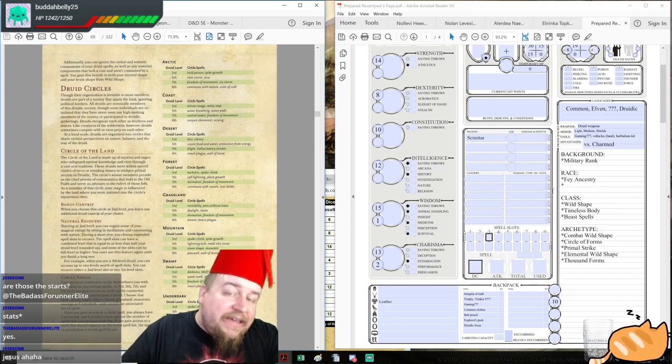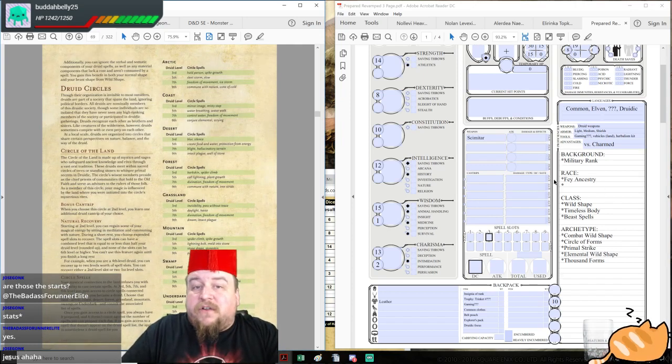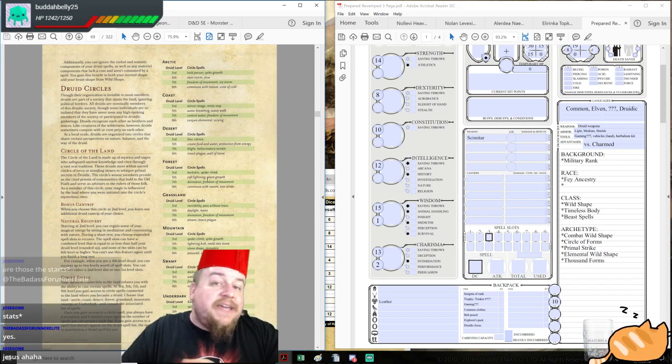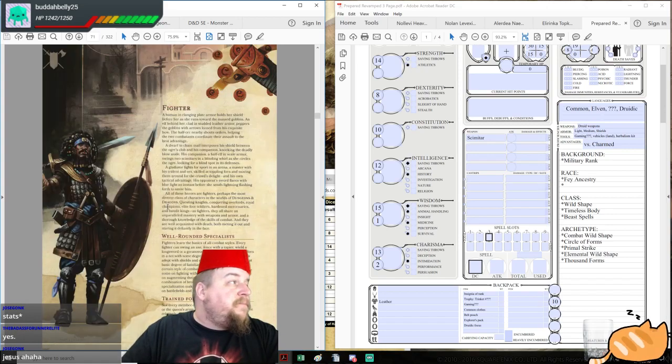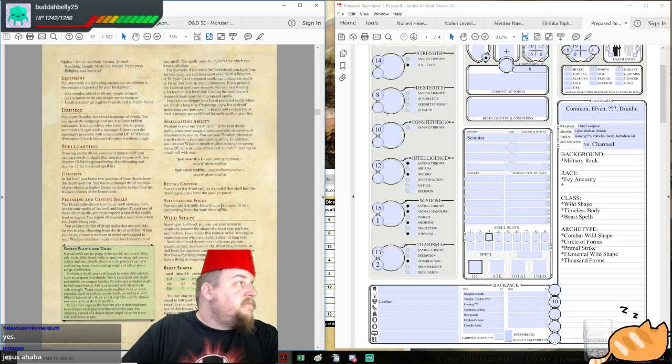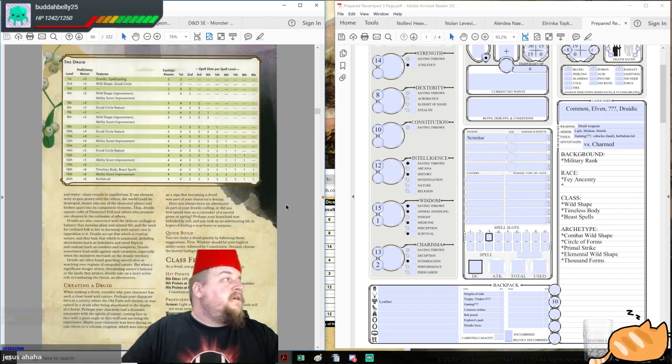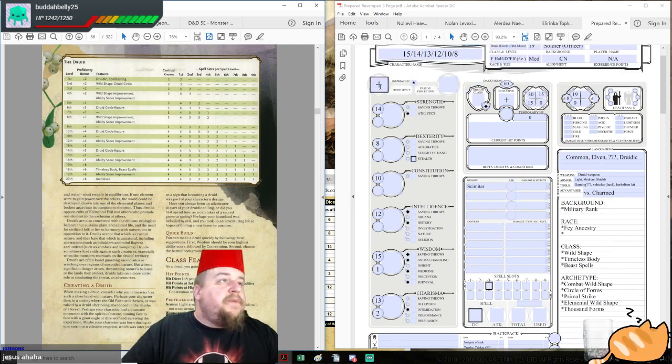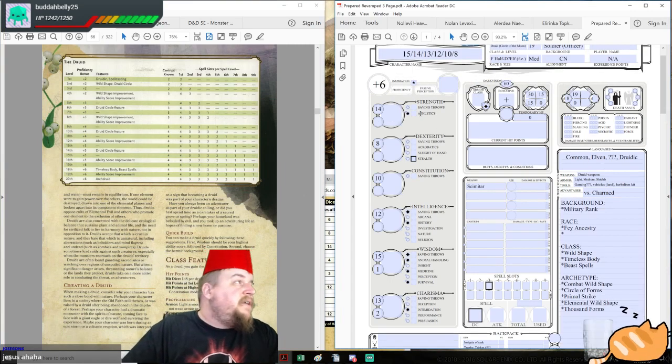There's not a lot here because even if you're a shapeshifter, you're still a spellcaster. Druids get a full spellcasting complement. In fact, let me go to it here. Scrolling up. There we go. Our proficiency bonus is going to be +6 at level 19.